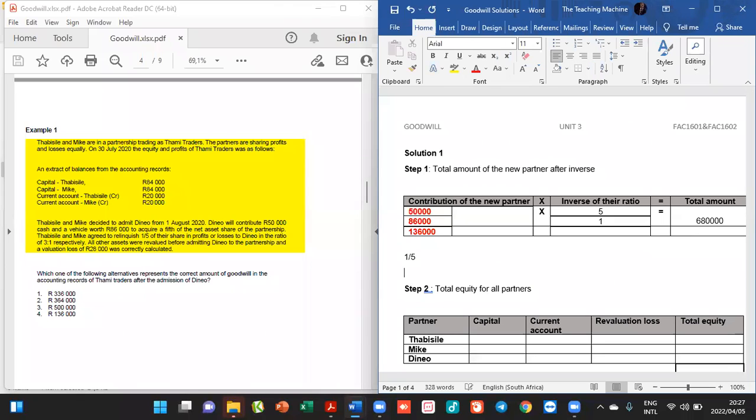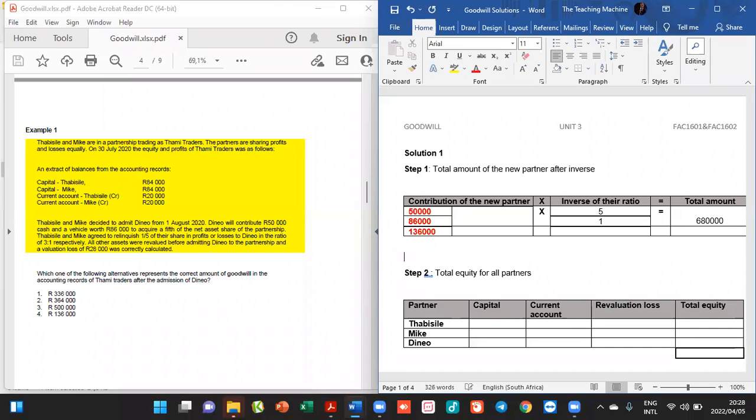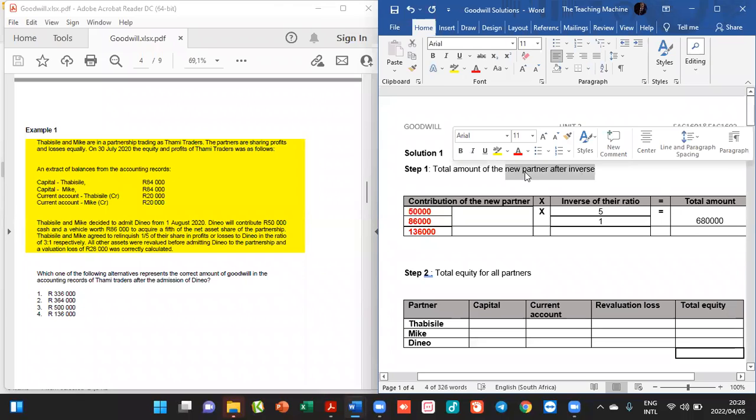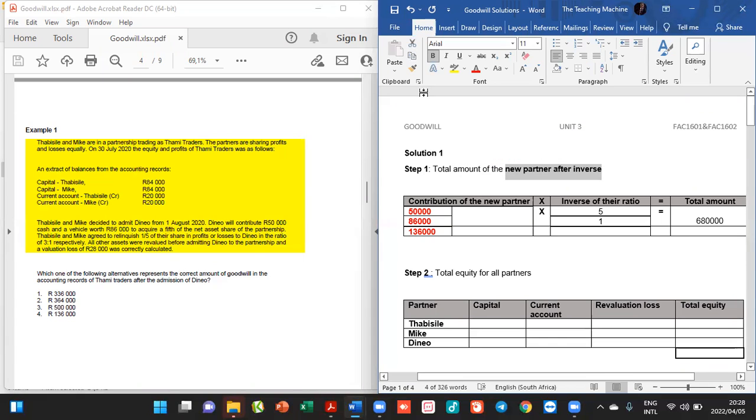We are done with step number 1, where we wanted to work out the total amount of the new partner after the inverse, after we reciprocated the ratio. So we got 680,000 rand. Let me highlight that.